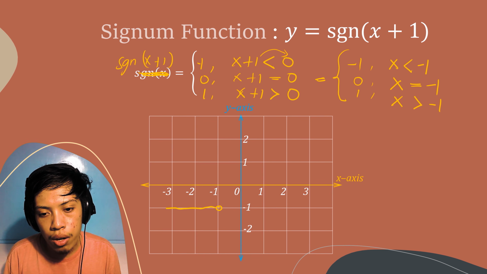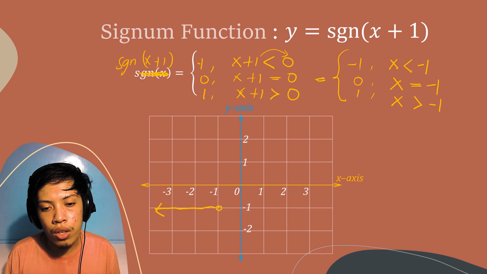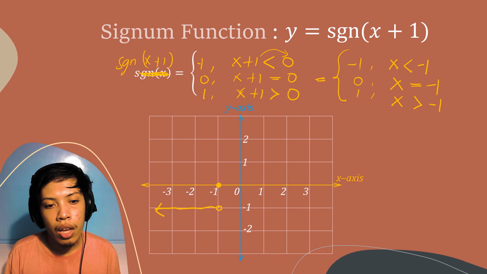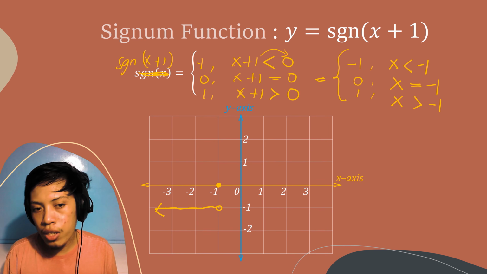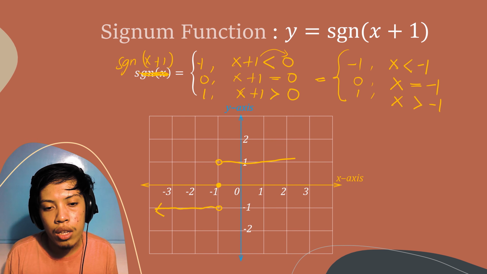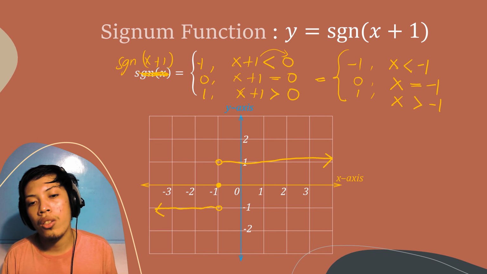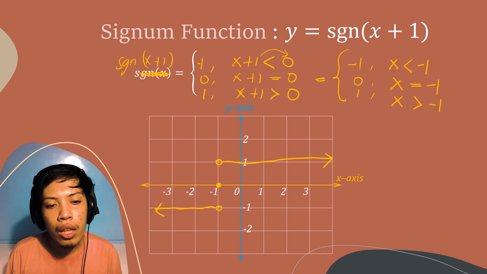And when x is equal to -1, the value of your function is 0 right here, a solid dot. And when your x is greater than -1, so from -1 to the right, your value for the signum function is 1. So right here, of course, hollow. So this is your graph for the signum function.